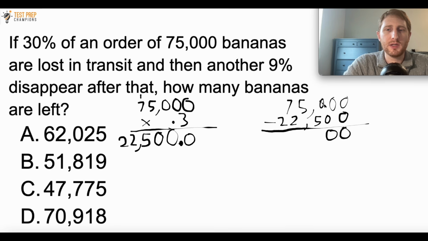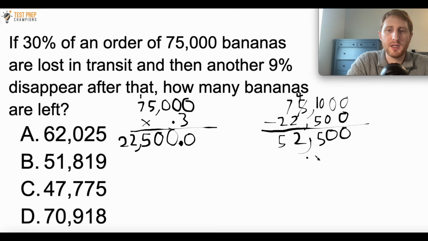So what I'm going to do is come over to this 5, cross it out, turn it into a 4, and put a 1 right here in front of the 0 to make it a 10. So 10 minus 5 is 5. 4 minus 2 is 2. 7 minus 2 is 5. So there's 52,500 bananas left after 30% of the 75,000 get lost.